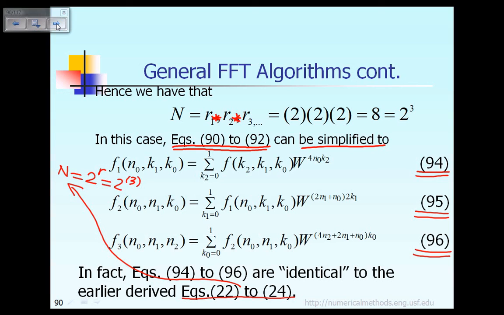So this chapter gives you the formulation for the number of sample data points equal to the product of any three integers. You can generalize even further: instead of a product of three, you can have M factors, R1, R2, R3, R4, R5, all the way up to R sub M.